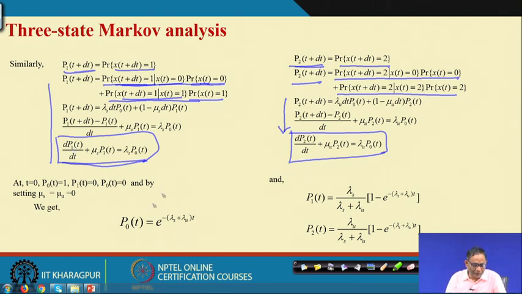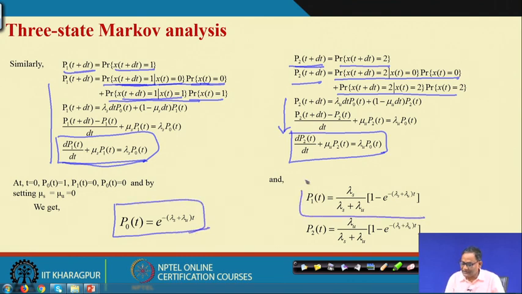Now, when we put the boundary conditions and use the proper solution approach, what happened? We will get P0 is this, P1 is this, P2 is this. So, that means what happened? P0 is the system availability, P1 is the unavailability because it failed safely, P2 is the unavailability because it failed unsafely.